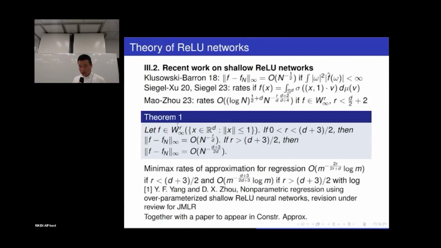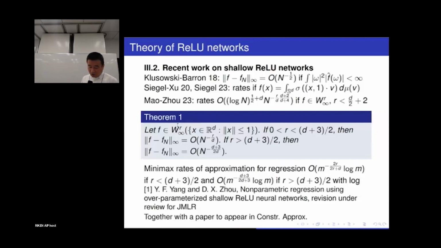which has the rate of m to the minus 2r over (2r plus d), times log m. So up to the logarithmic term, this is the minimax rate of convergence in regression. And if r is greater than (d+3)/2, then it's m to the minus (d+3)/(2d+3) with a logarithmic term.